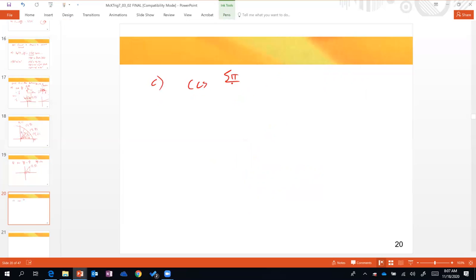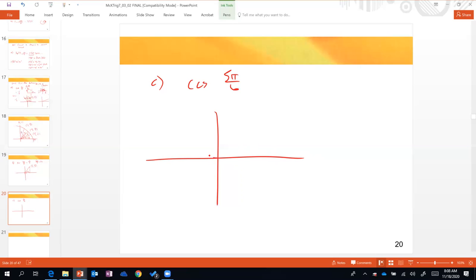Cosine of 5 pi over 6. Let's see if this makes sense here. Let's see. I am just a little bit shy of pi, is that right?